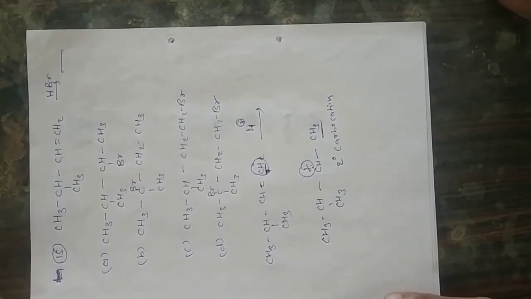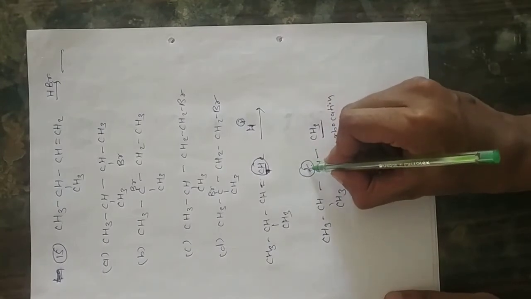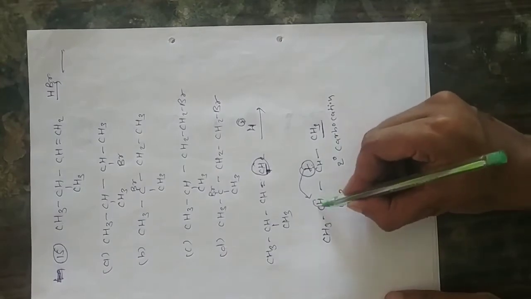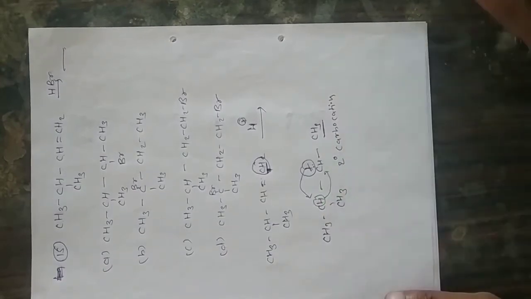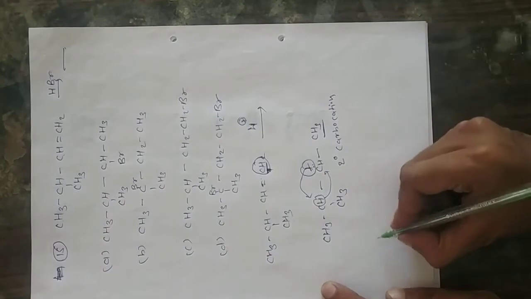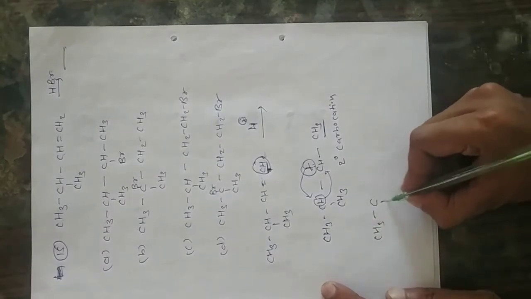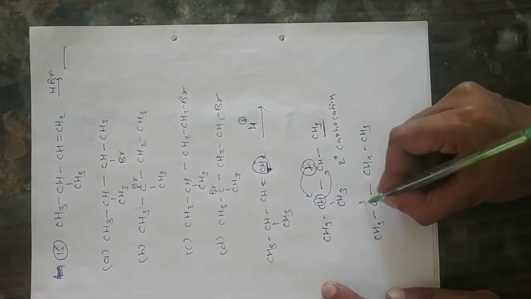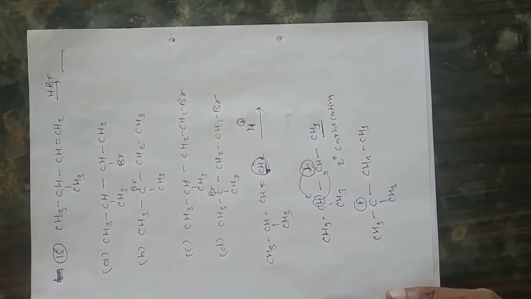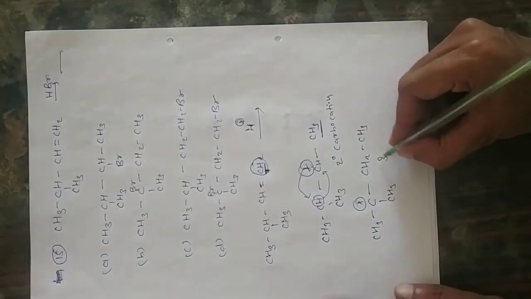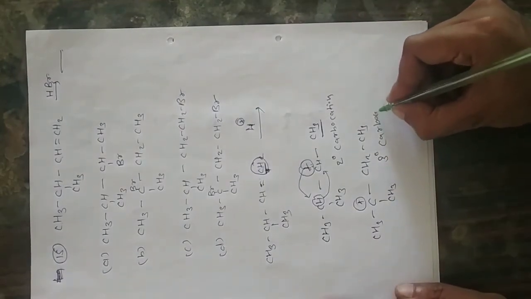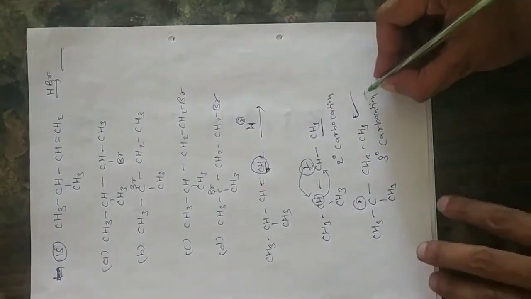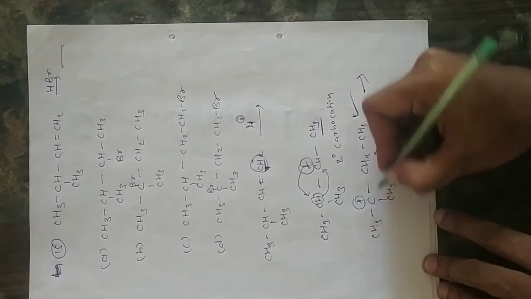And the stability of a 2-degree carbocation is less compared to 3-degree. So what will happen here? This positive charge will change its place automatically and come on this carbon, and this hydrogen will change its place and come on this carbon. So CH3, C, CH3, CH2, CH3. This carbocation will form automatically, and this is our 3-degree carbocation, and it is stable. Then in the next step, Br will add on this carbon.